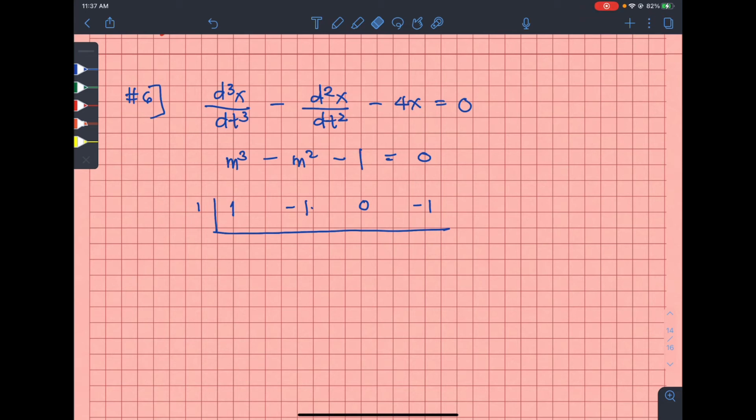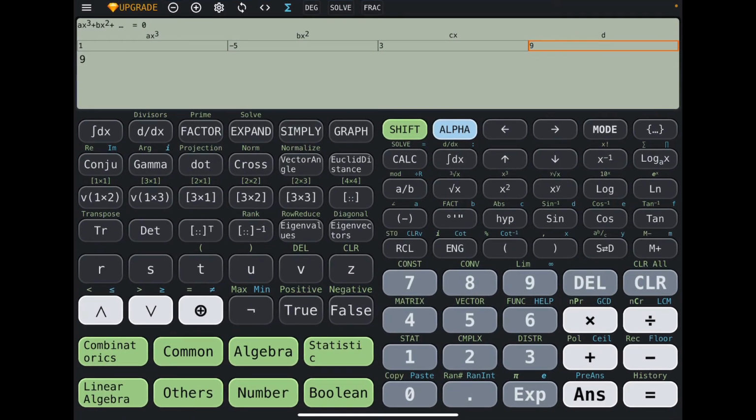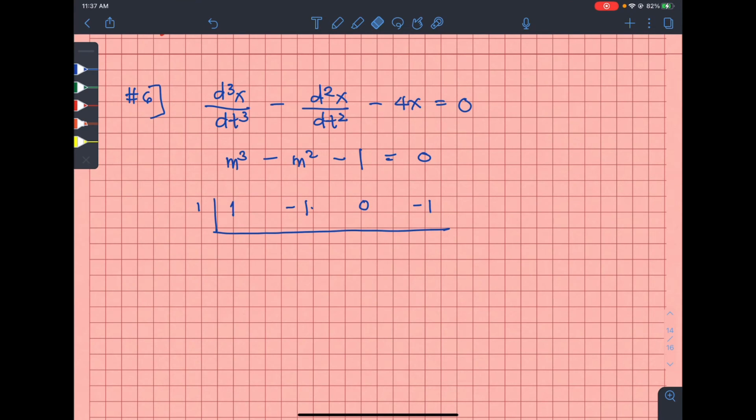So, let's check it on our calculator. Ay, sorry. That should be 4. So, this should be negative 4. So, 1, negative 1, 0, and negative 4.